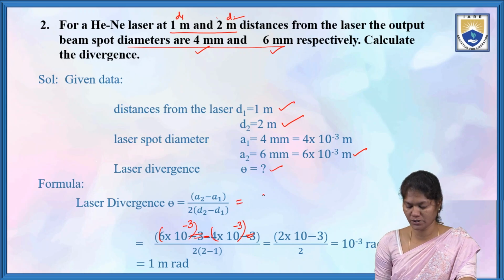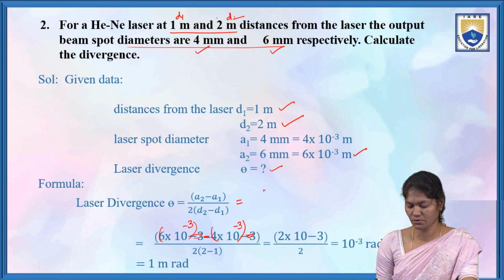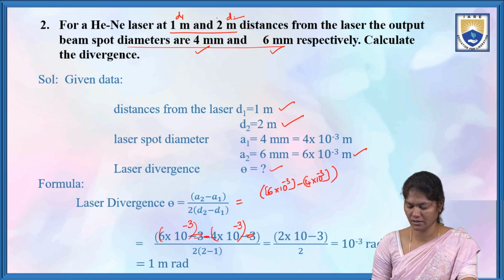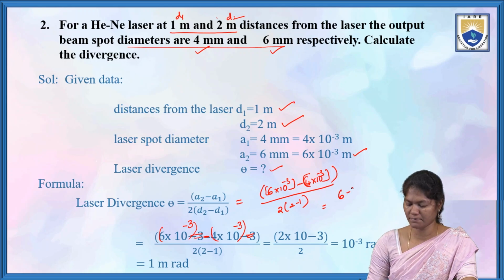So it is equal to, here I am writing, A2 is 6 into 10 power minus 3 minus 4 into 10 power minus 3, divided by 2 into 2 minus 1. So this value is 6 minus 4 into 10 power minus 3 divided by 2 into 1.